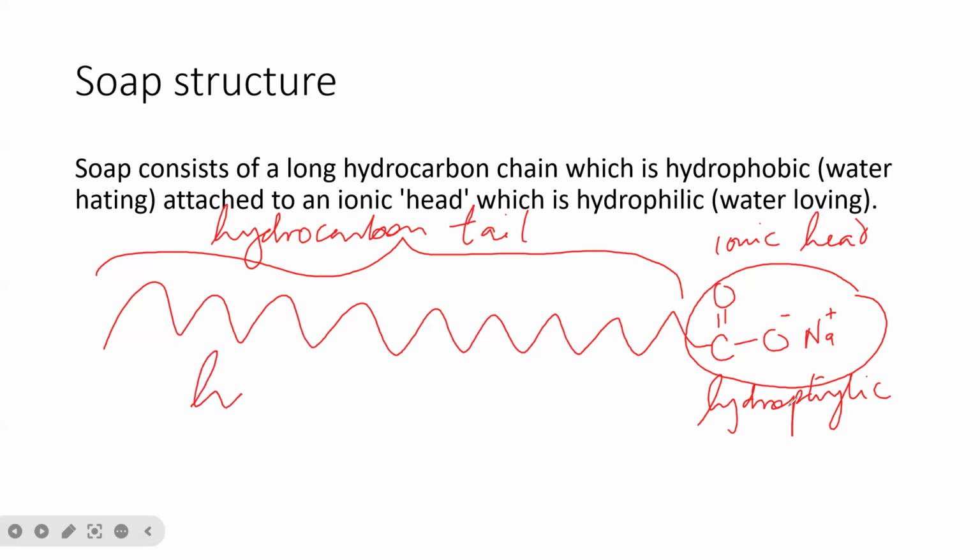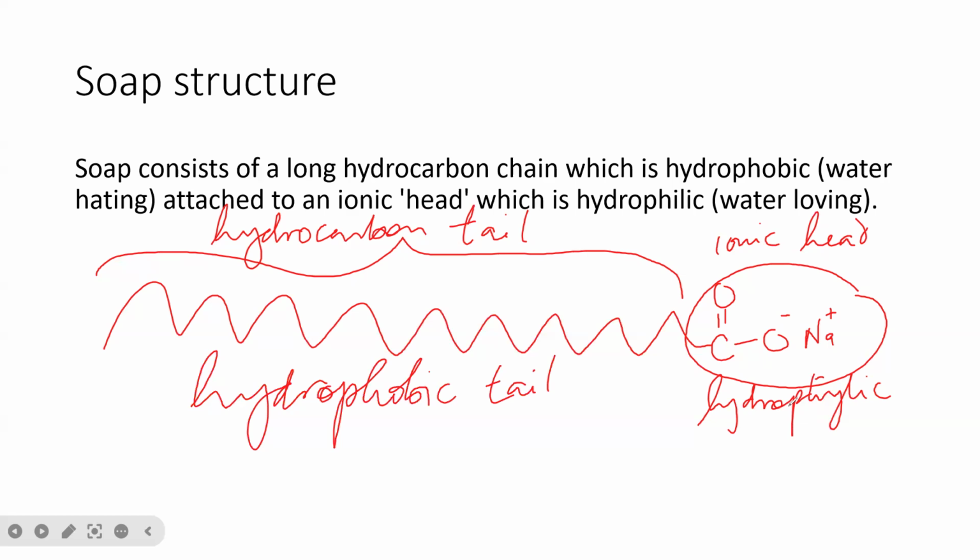Now, who can unmute and tell me what hydrophobic means? Who can tell me what hydrophobic means? Nobody? Kenechukwu, what does hydrophobic mean?